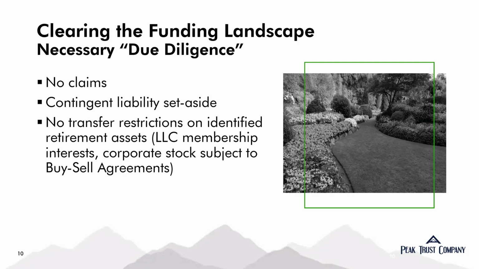Now we have an exempt channel that represents the distributions to the PRT that it holds in terms of its percentage of non-voting membership interest in that LLC, right? But the operating agreement might have restrictions on the transfers. It might require consent, things like that.